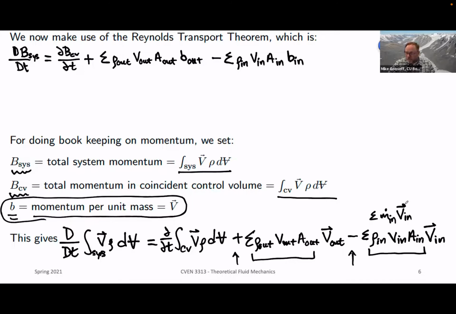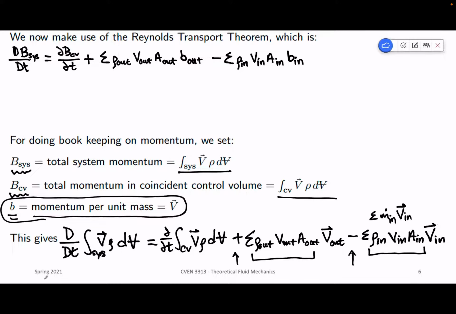Is that the sum of each m dot times v vector, or the sum of all the m's then multiplied by the v vector? I see what you're asking, Christian. No, it's the first one. It is the sum of each of the individual momentum fluxes coming in. So this is the mass component, and we multiply by the v in for each input. So it's a part of the sum.